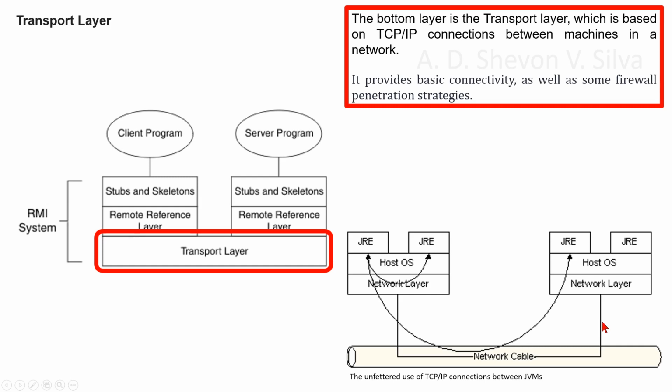So here you can see the JRE and host OSs. These are connected through the network layer, and also this JRE and the remote JRE are connected with the different host OS through the network layer.